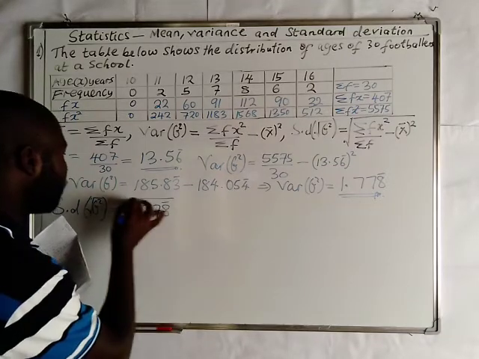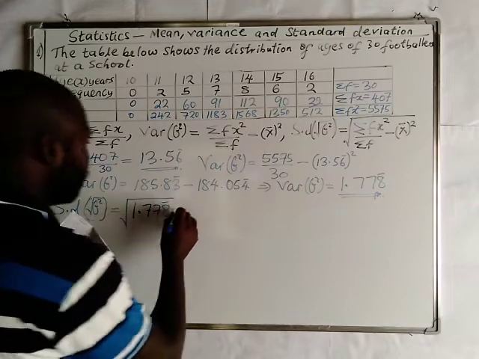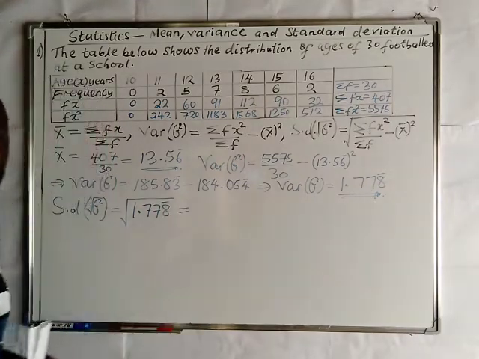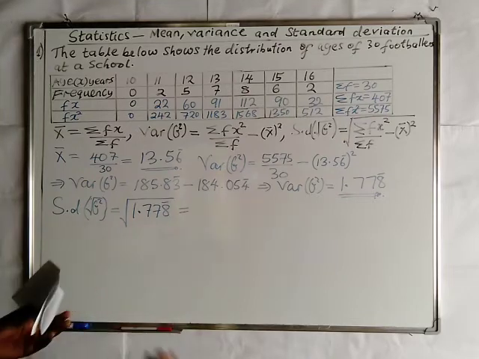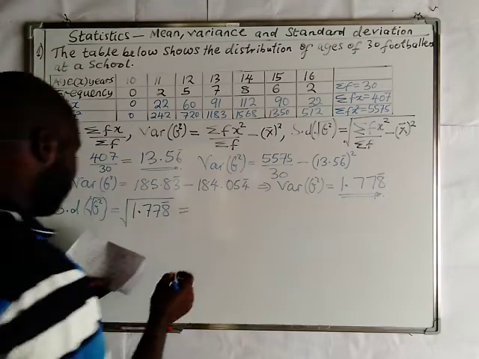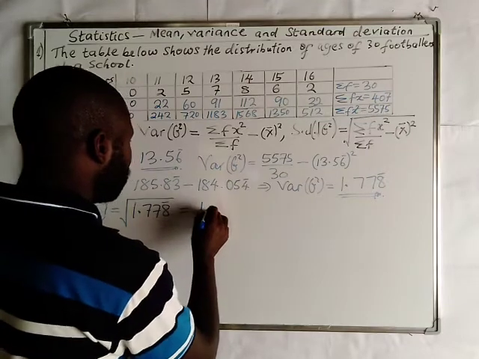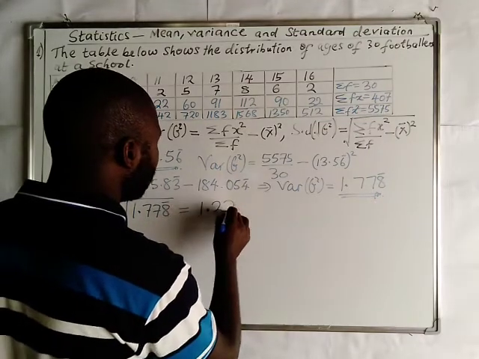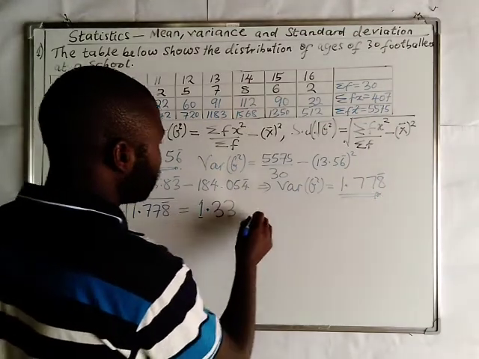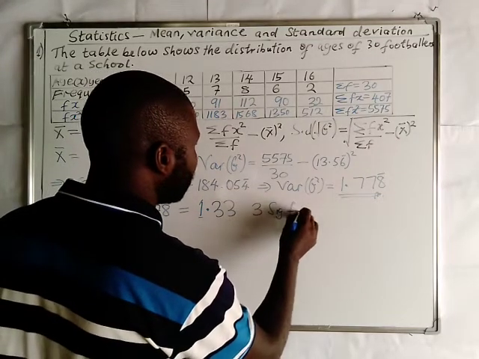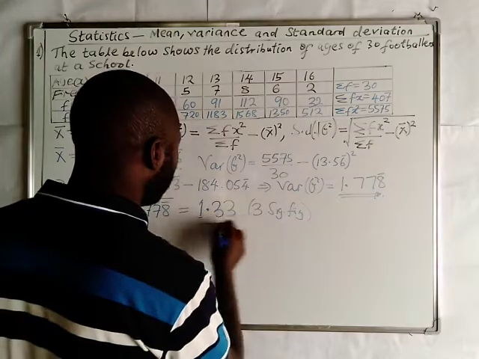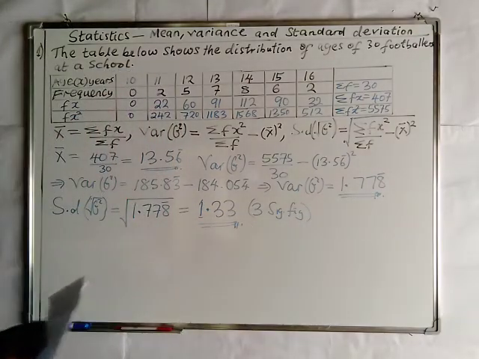We just need to find the square root. When you find the square root of this figure, we are going to get 1.33, to 3 significant figures.